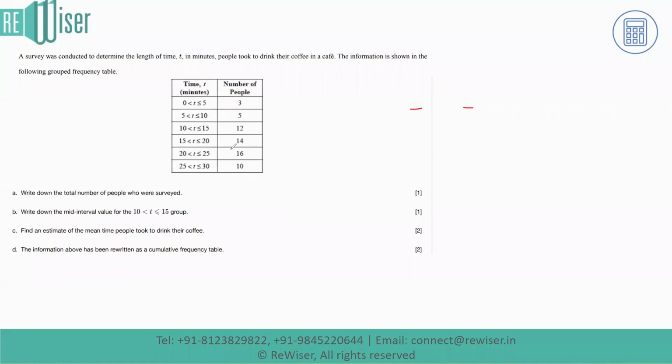Till 15 it's 20, and till 20 it's going to be 20 plus 14, which is 34. Next it's 34 plus 16, which is 50. And the final cumulative value should be 60.